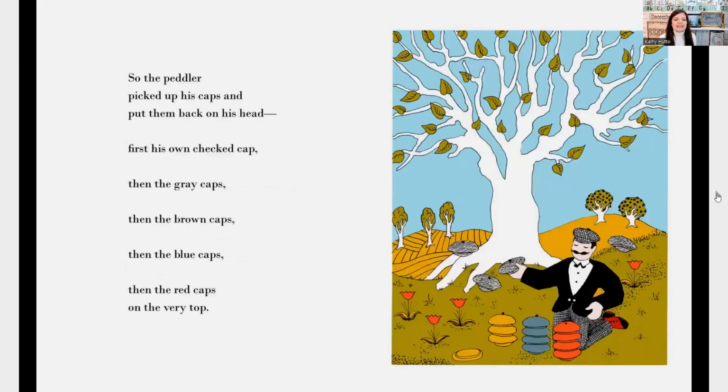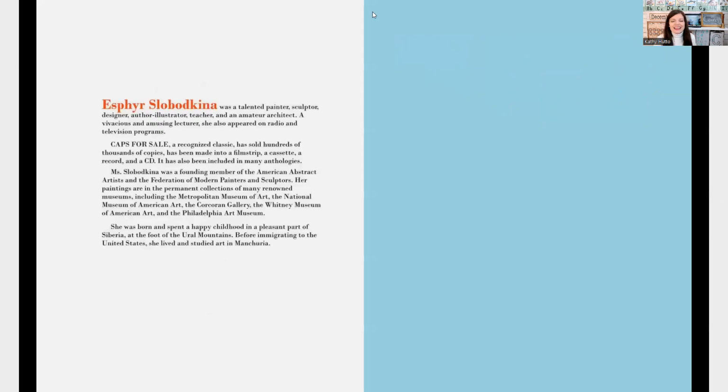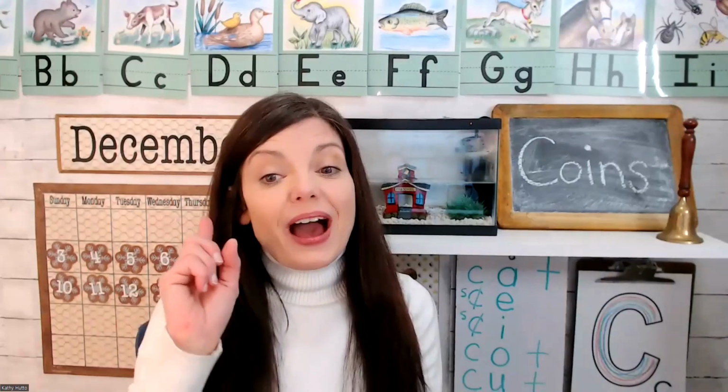So the peddler picked up his caps and put them back on his head. First his own checked cap, then the gray caps, then the brown caps, then the blue caps, then the red caps on the very top. And slowly, slowly, he walked back to town calling, "Caps, caps for sale, 50 cents a cap." The end.